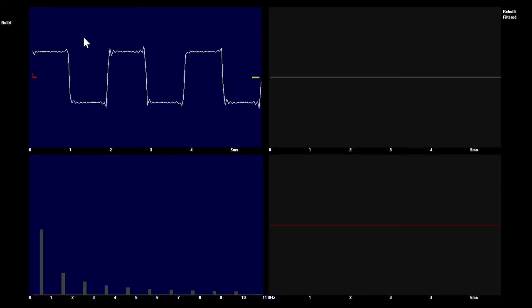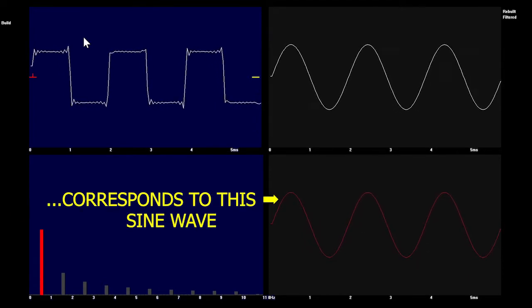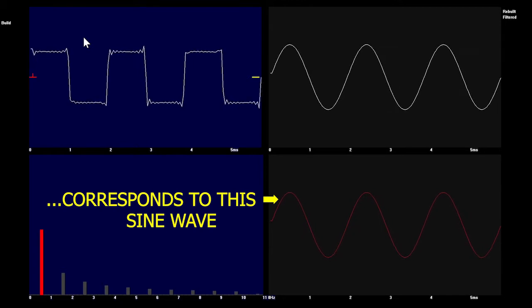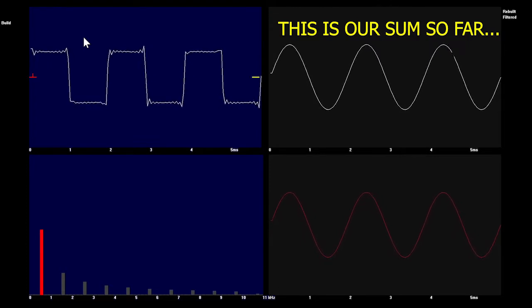On the right side of the screen now, we'll show how we can build up that square wave from a series of sinusoids or sine waves. I'll select the first line in the frequency spectrum. The red line shows what the corresponding sine wave looks like. At the moment, it's only a crude approximation to the square wave that we're aiming for.